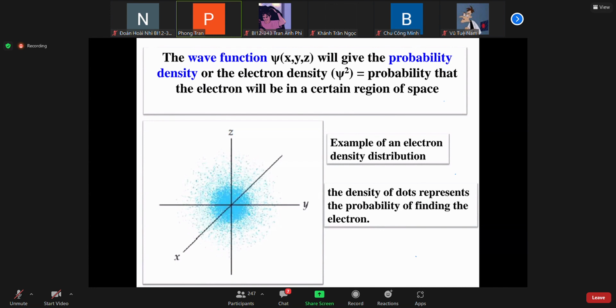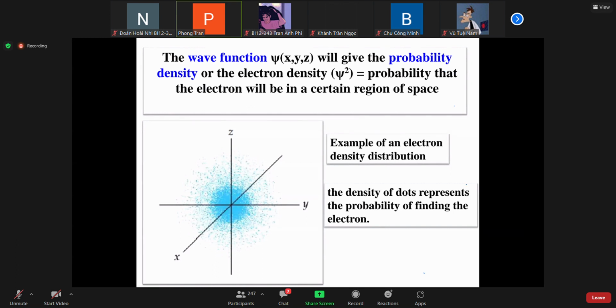For example, by putting the result of the wave function on an XYZ diagram like this, you pick up the position of the nuclei. You can see the density of electrons around the nuclei.